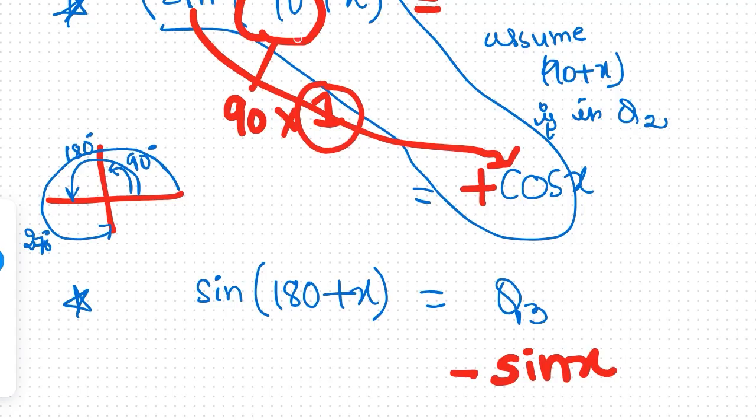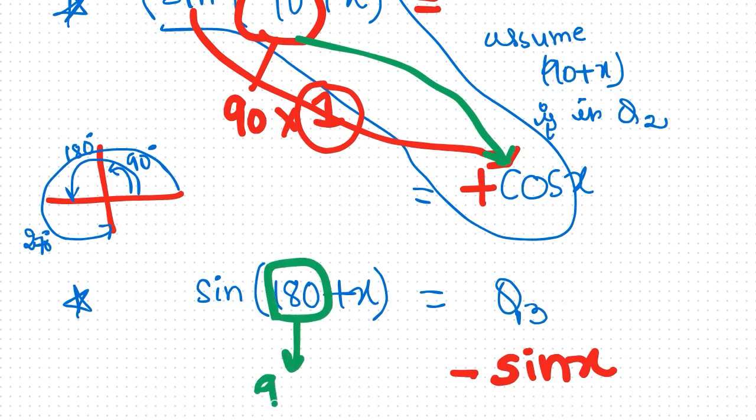Odd multiple means sine flips to cosine. Here, this angle is 90 into 2, an even multiple.